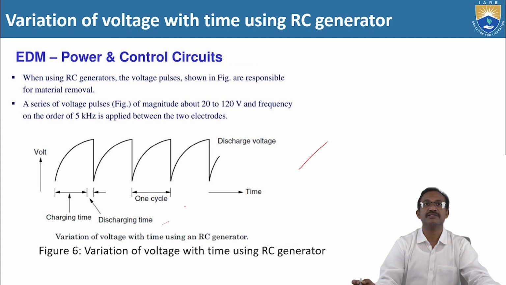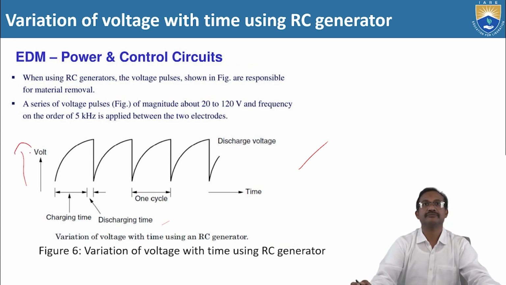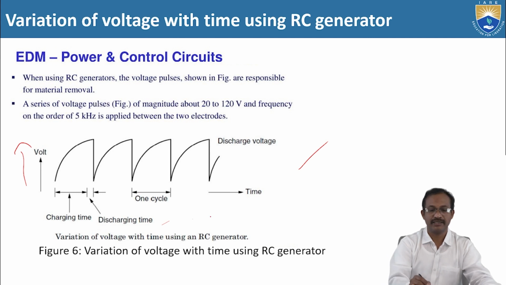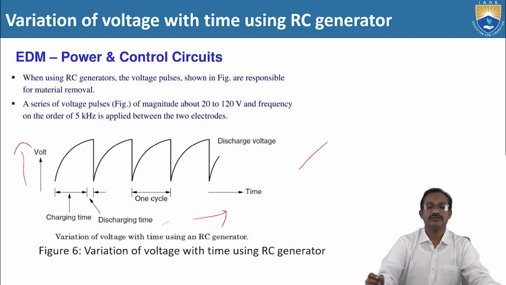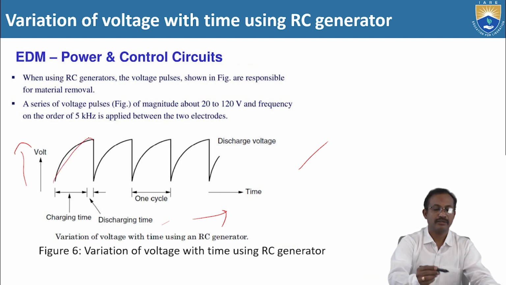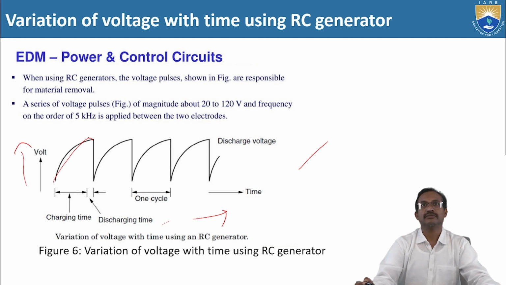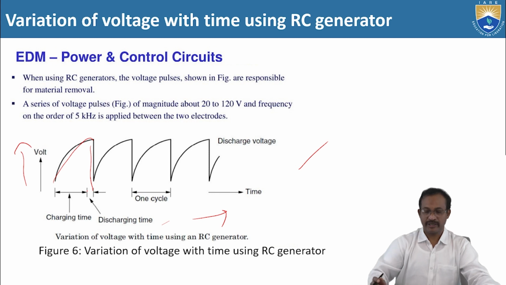Discharge time is very less. So this is voltage, this is cycle time. This is an arc like curve, and this is a straight line.